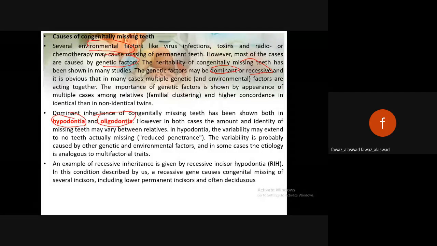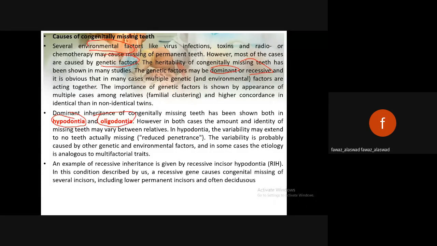And the most important thing, please pay attention with me, because you are a specialist and you may write a report on this subject. You have to exclude the third molar. You have to exclude it when you are writing any report. It is one of the most common dental anomalies.